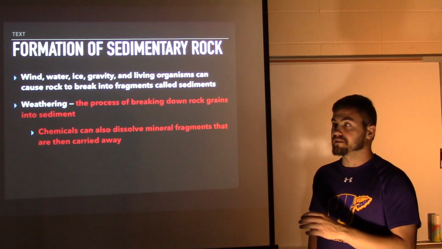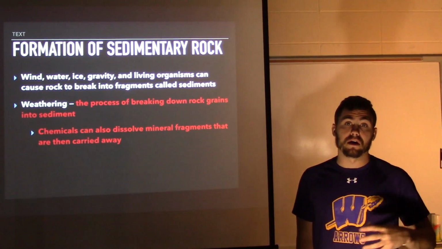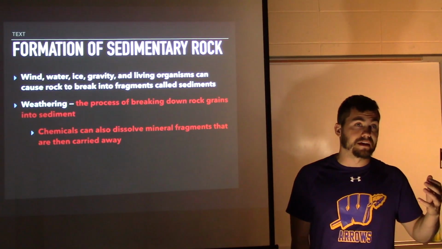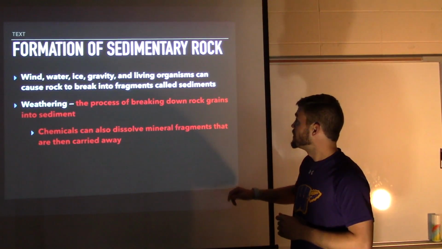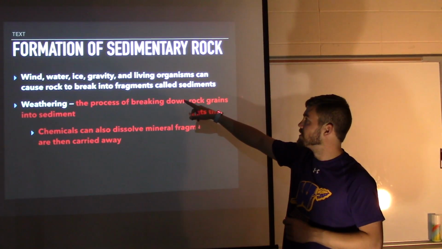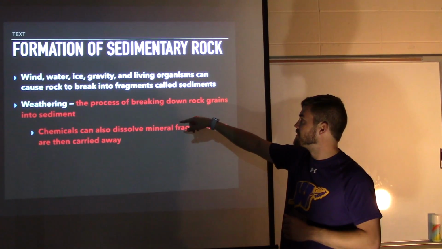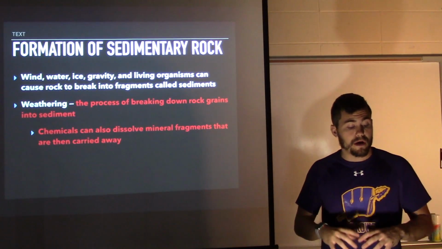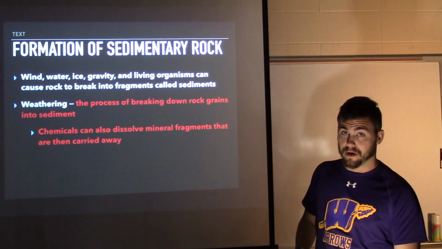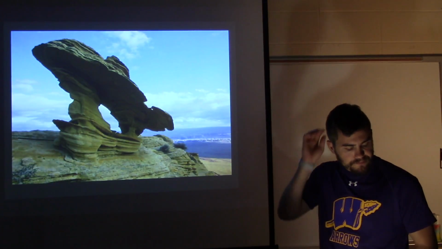So there is physical weathering or there is chemical weathering. So physical weathering would be wind, ice, gravity, living organisms, and to some extent water. But water primarily carries out chemical weathering, liquid water, that is.